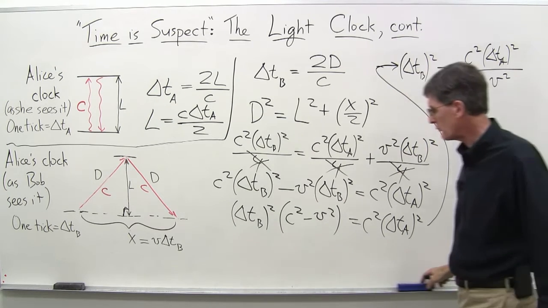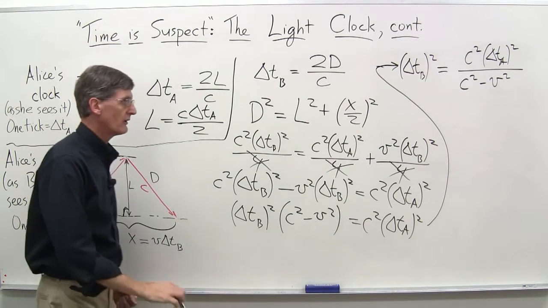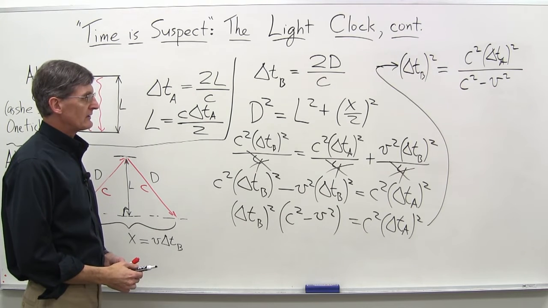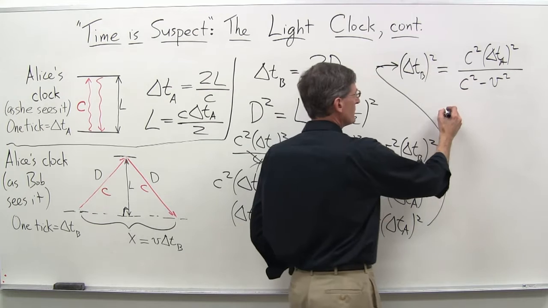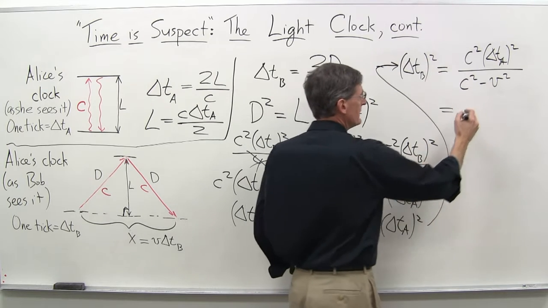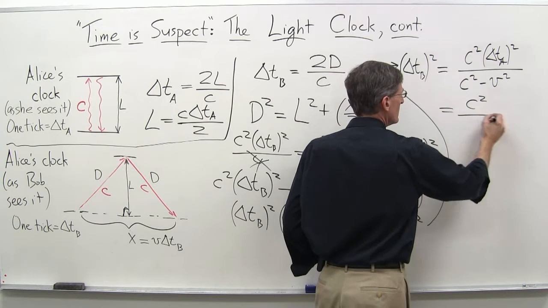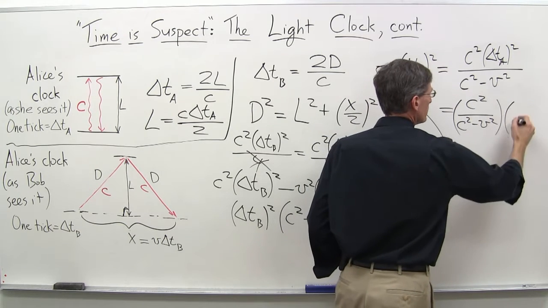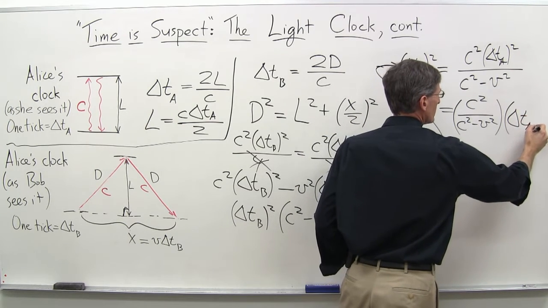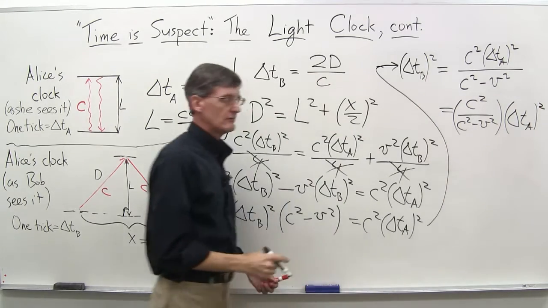But we have a little bit more to do here. We've got some squares in there that we'd like to get rid of. So I'm going to rewrite this just slightly, the right-hand side, as c squared over c squared minus v squared times delta TA squared.